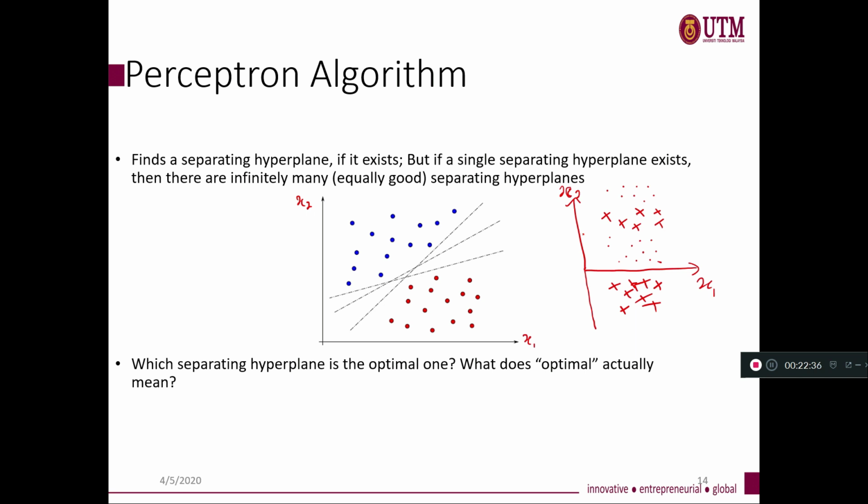So that is the disadvantage of the perceptron algorithm. But for this case, it can be solved because it's linearly separable between class blue and class red. That is the advantage of the linear perceptron algorithm.